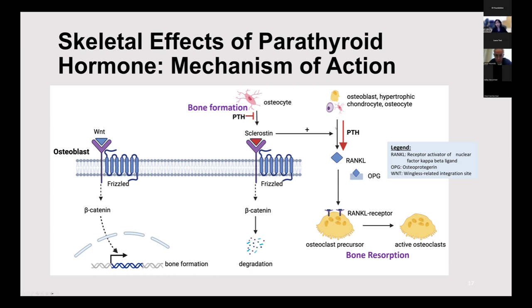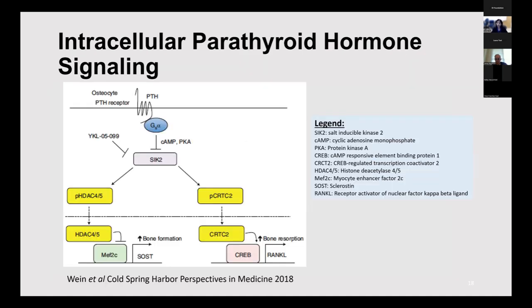We also know that the bone resorbing effect of PTH is predominantly through its role in increasing the secretion of RANK ligand. So both sclerostin and RANK ligand are secreted predominantly by osteocytes, and so osteocytes appear to be a major cell which orchestrates the profound effects that PTH has on the skeleton.